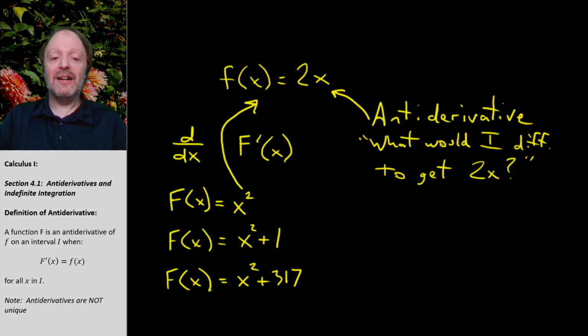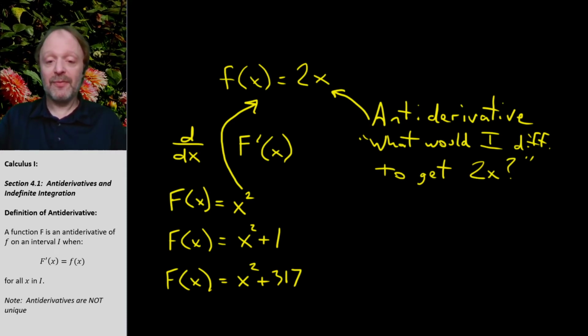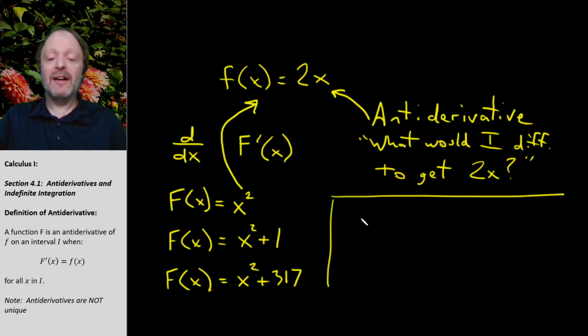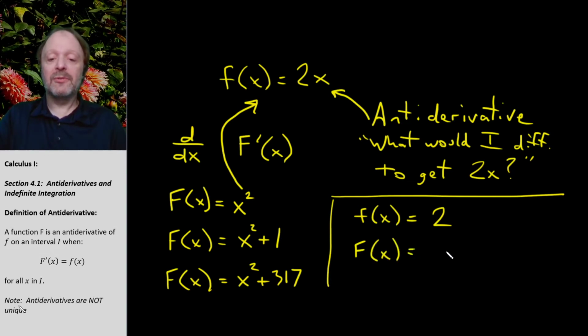So let me take this and show exactly what's going on. If it's okay with you, for just this example, let's say that f of x is 2. What is big F of x going to equal?